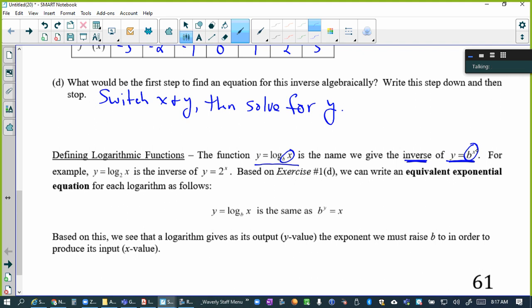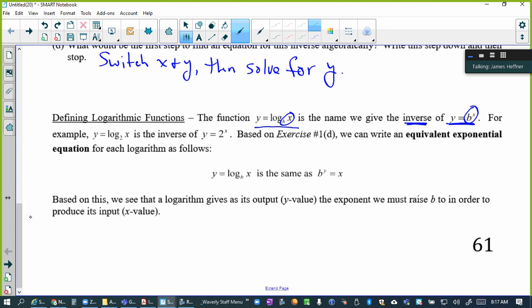Down here, they switched it the other way. They put the y at the beginning. So this tells us that b to the y power equals x. That's what I told you on the notes page. That's what that logarithmic function means. It's the same as b to the y being x as an exponential function.